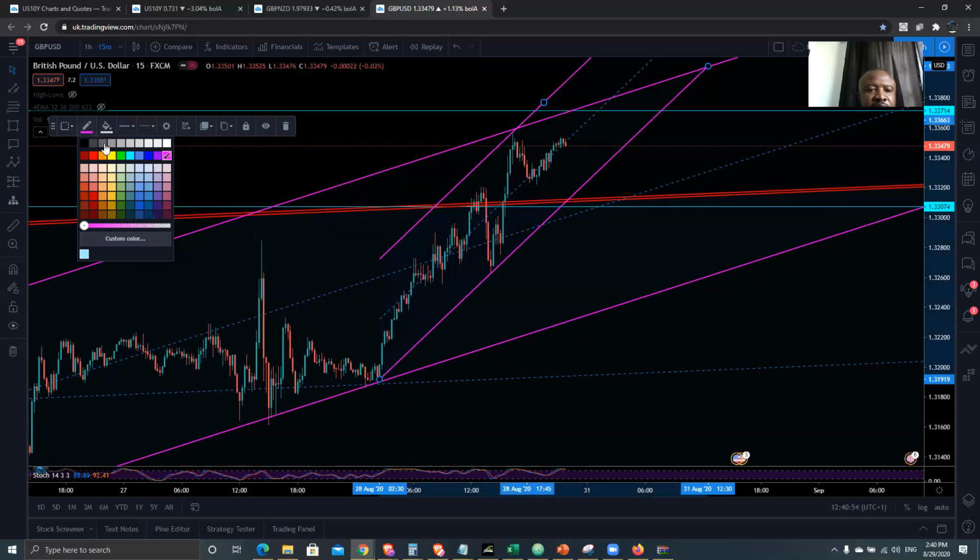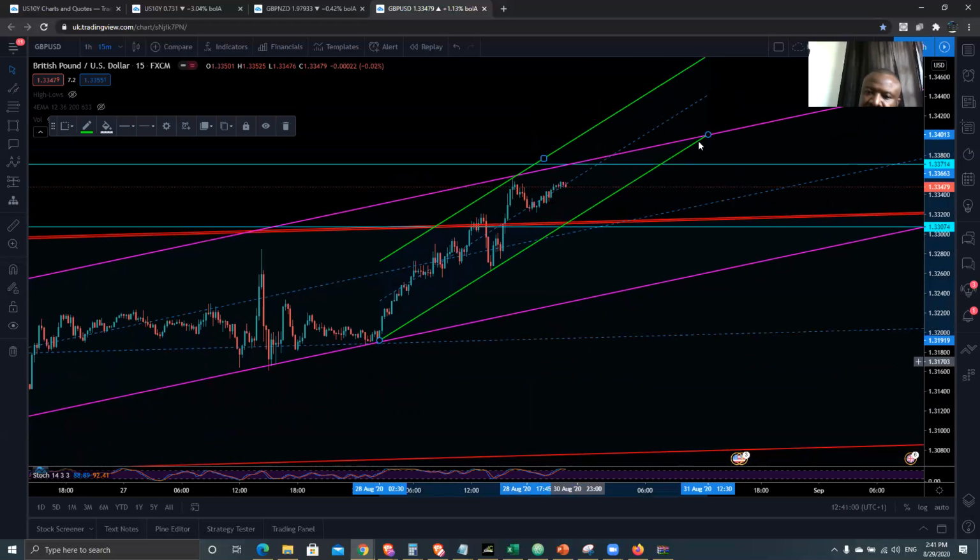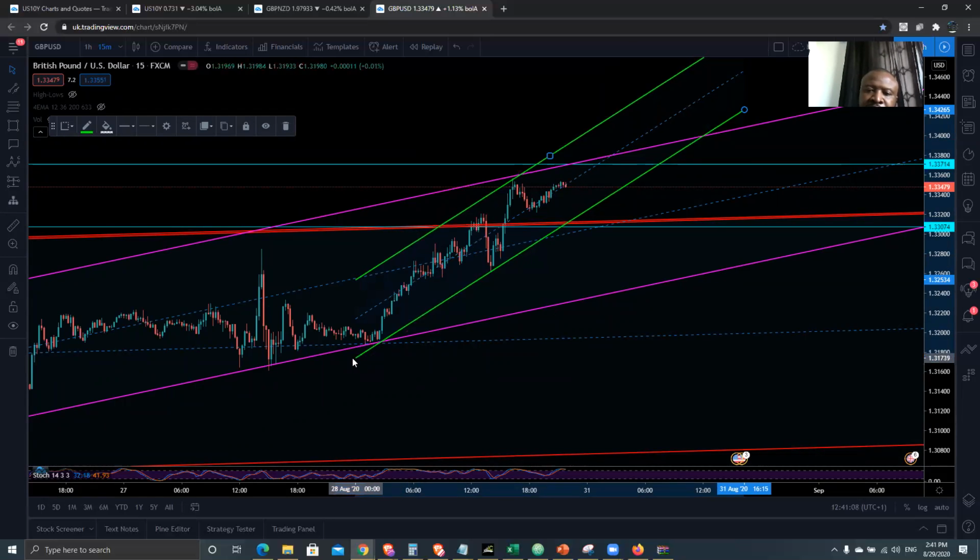but for you to see much light into it, you want to look at this 15-minute structure clearly, this green one, right? A lot of people tend to jump in early in some of the opportunities, but when you follow the 15-minute structure as well, most probably you'll be able to see it.